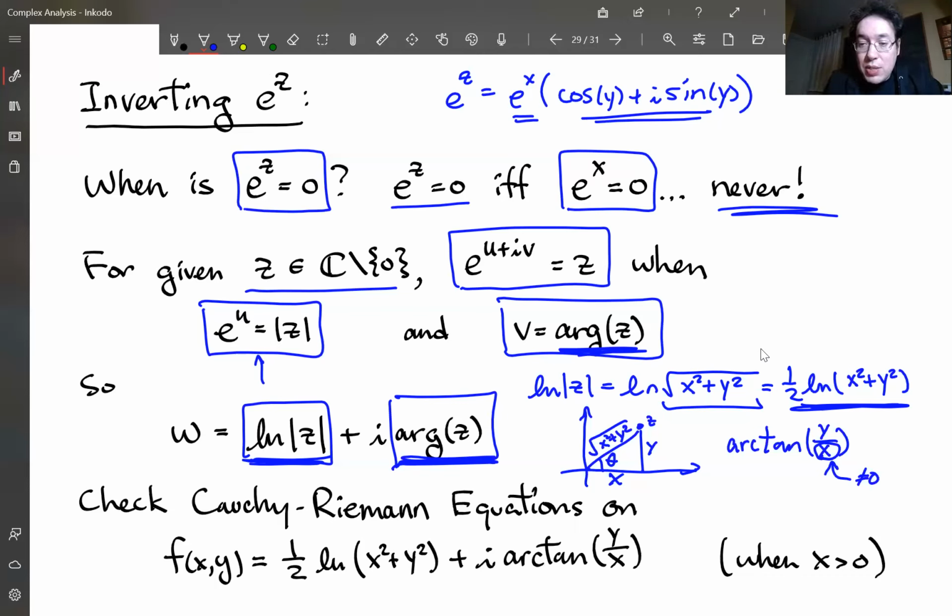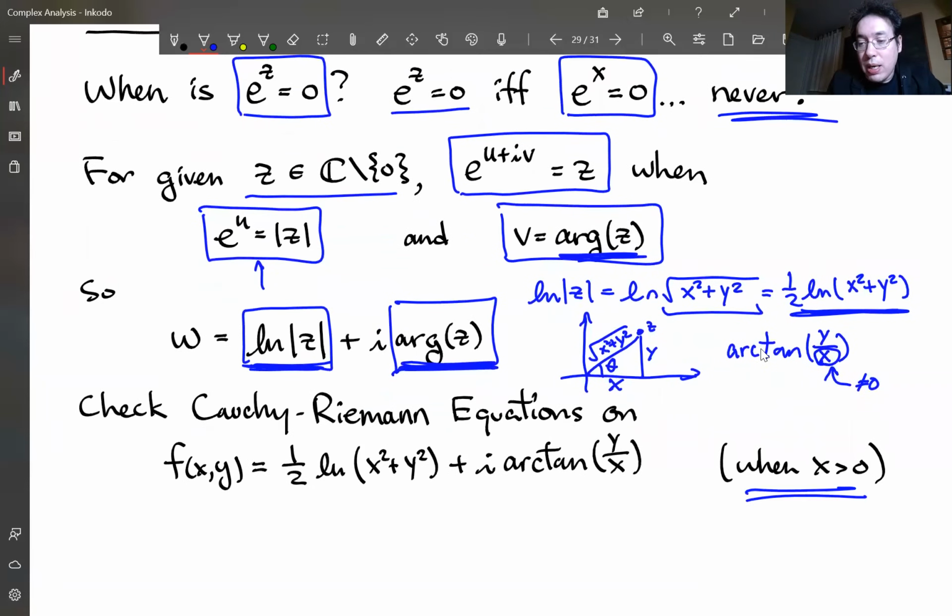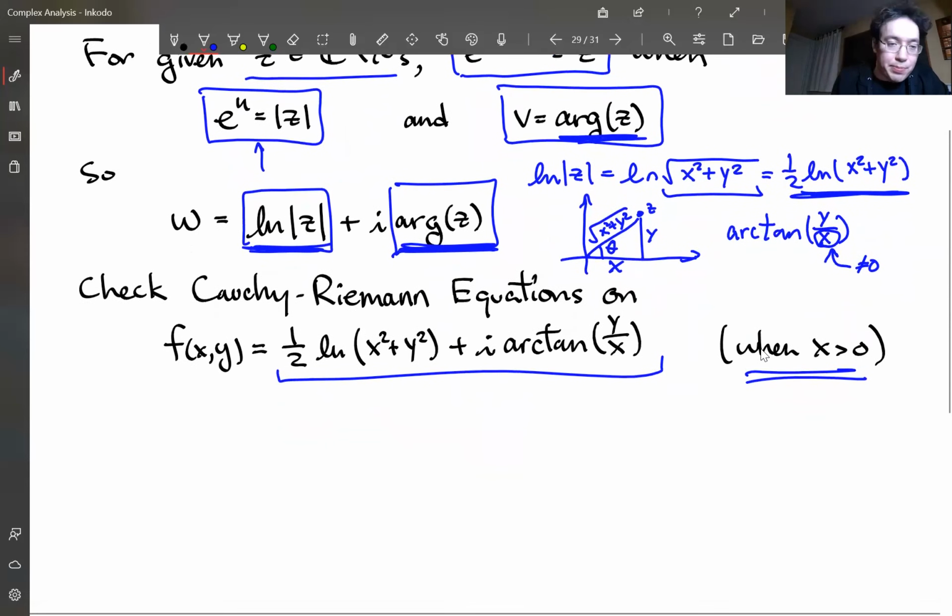But just for simplicity's sake, let me work on the case where x is greater than 0 and use this as the formula for the complex logarithm function, and prove that it satisfies the Cauchy-Riemann equations.